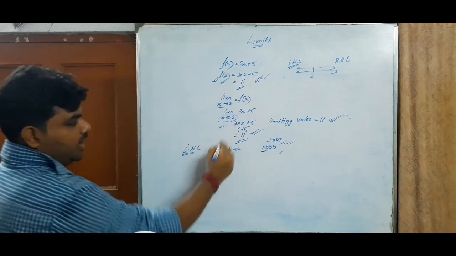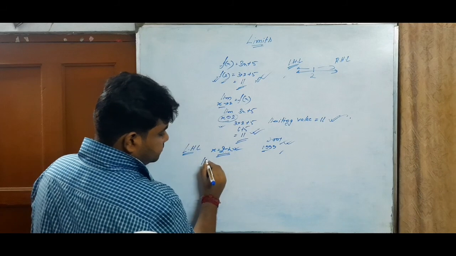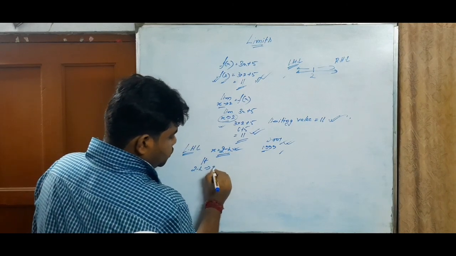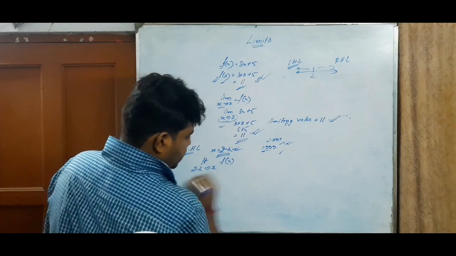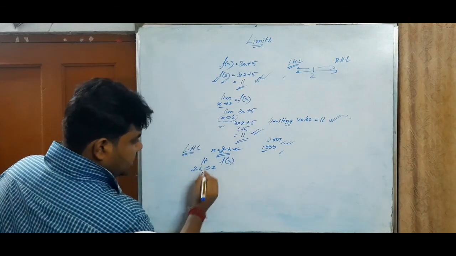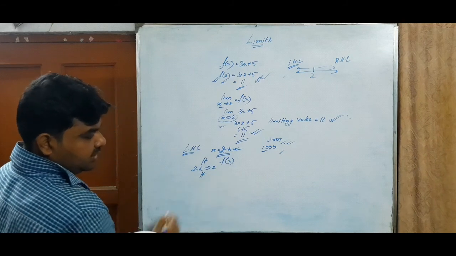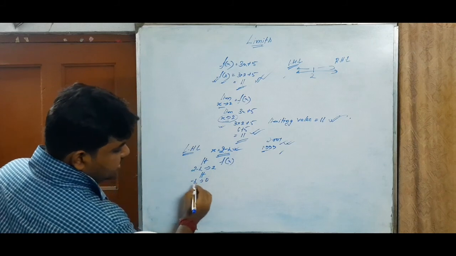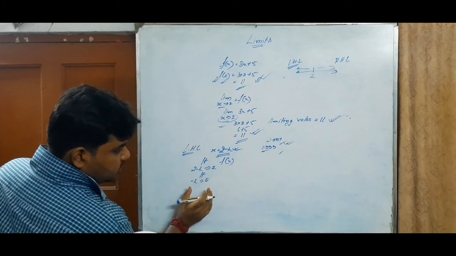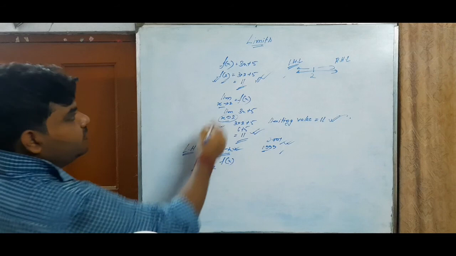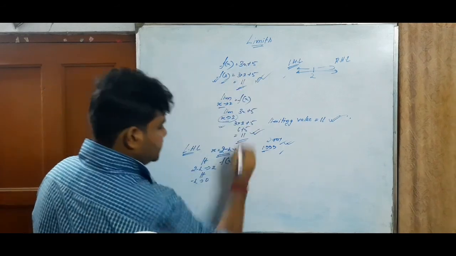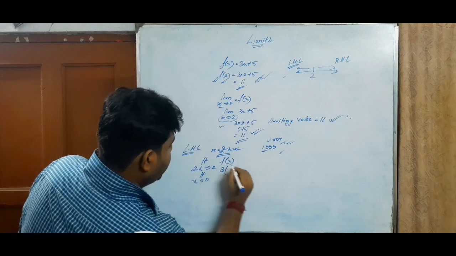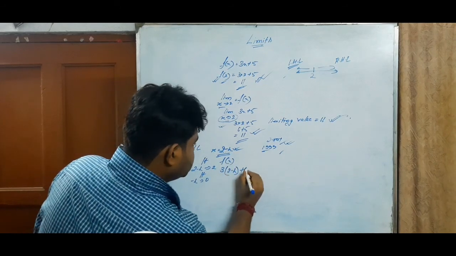So now we can write limit 2 minus h tends to 2 of f(x). Now this 2 and 2 will cancel out, therefore minus h tends to 0, that is h tends to 0. Wherever there is x, we will put 2 minus h, so 3x becomes 3 times 2 minus h plus 5.